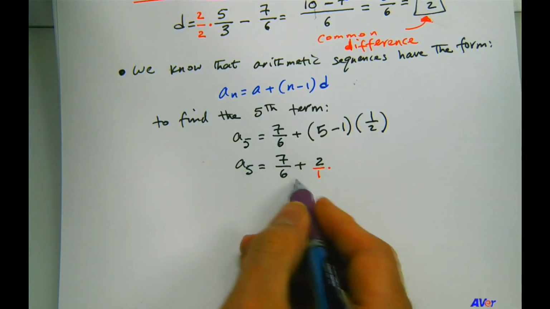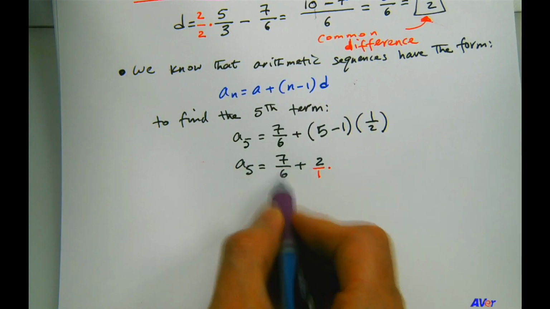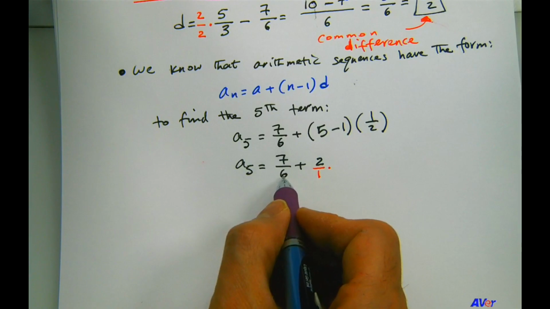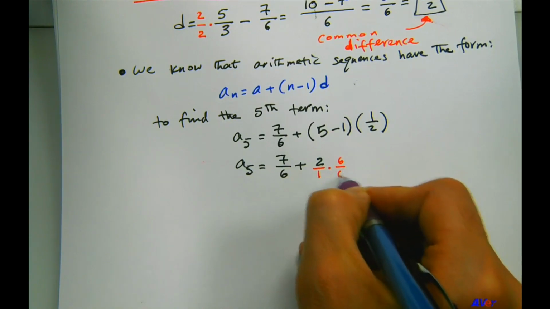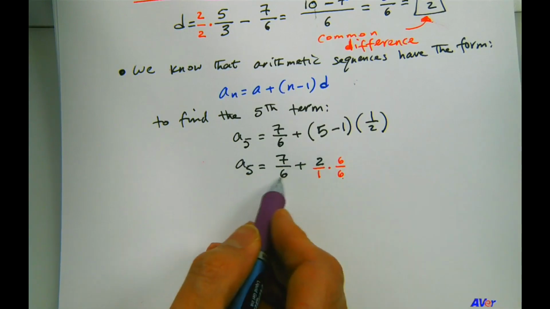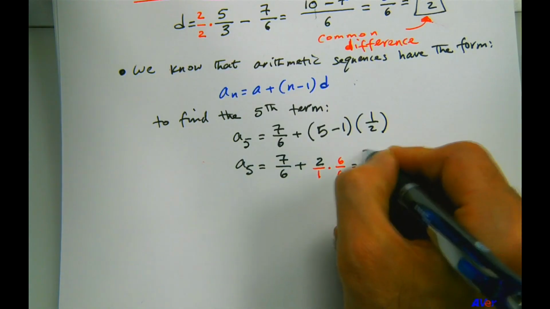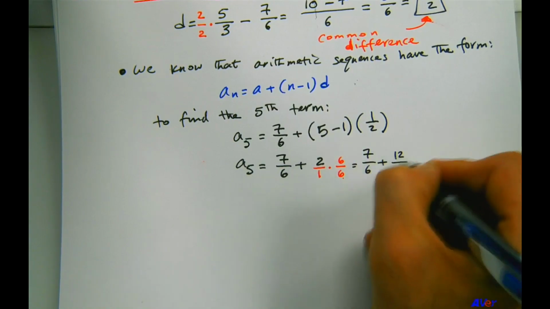What is the common denominator? 6, right? So this fraction already has the common denominator. This one doesn't. We have to multiply it by 6/6 to get this fraction to have the common denominator. So then we have 7/6 plus 12/6, right?